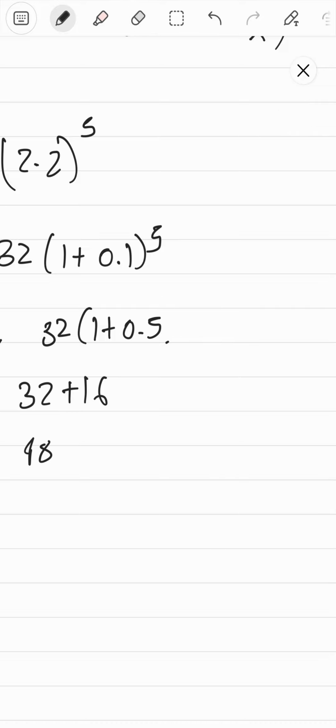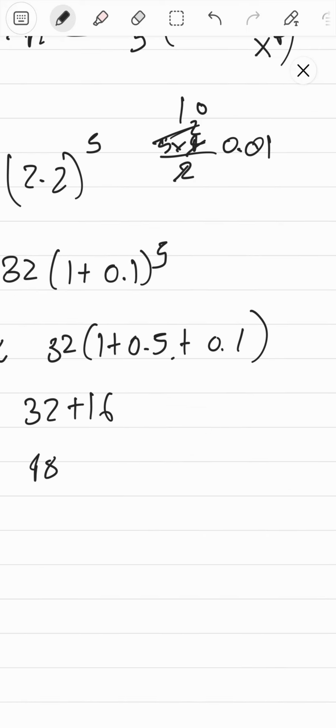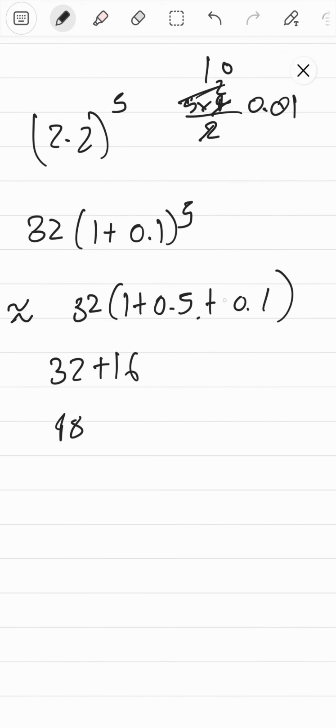So you're going to have 5 times 4 upon 2, so 10, and then that's going to be squared. Wait a second. And then you got 5 times 4 upon 2, is that right? So that's going to be 10 times this, which is going to be 0.1, and so that's just 0.6.